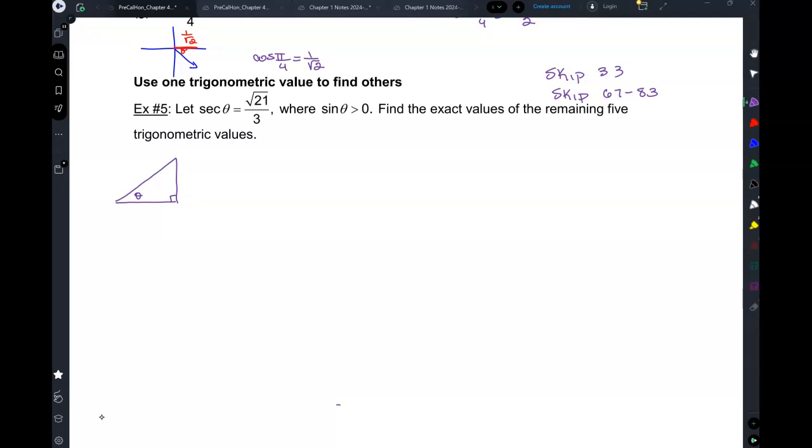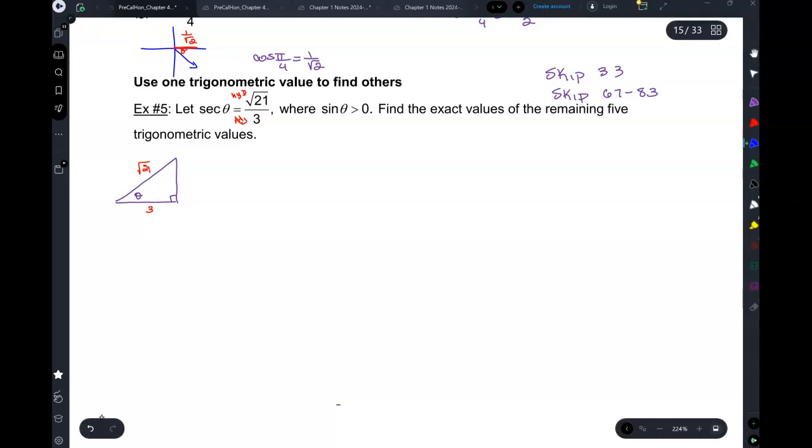So what this is telling you is there's this mystery angle theta, and if you take the secant of it, you get root 21 over 3. Well, we know that secant is hypotenuse over what? Adjacent. So in this triangle theta, hypotenuse over adjacent is root 21 over 3.